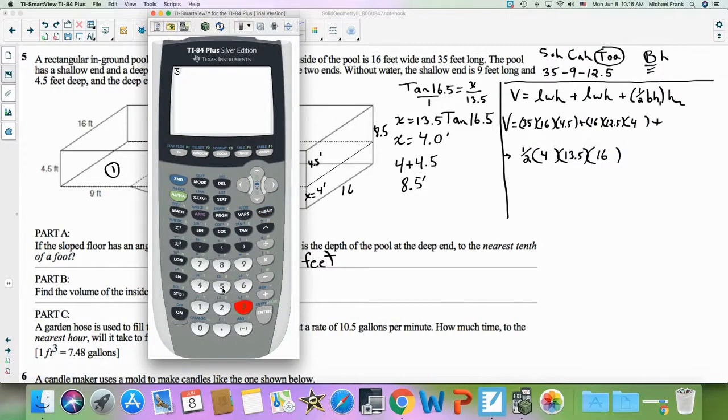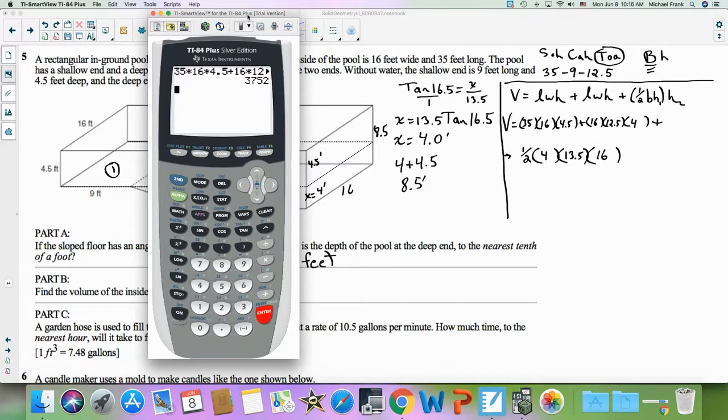All right, so I'm just going to go a little quickly by just doing multiplication. 35 times 16 times 4.5 plus 16 times 12.5 times 4 plus 1/2, which is 0.5 times 4 times 13.5 times 16. I hope I put that in all correctly.